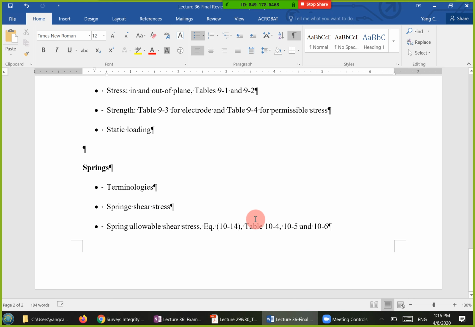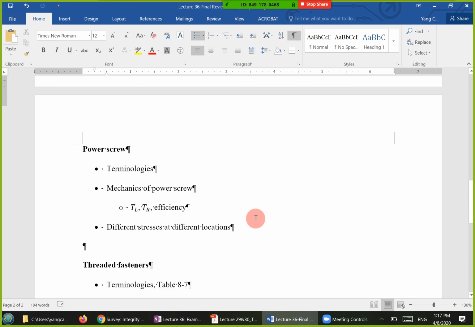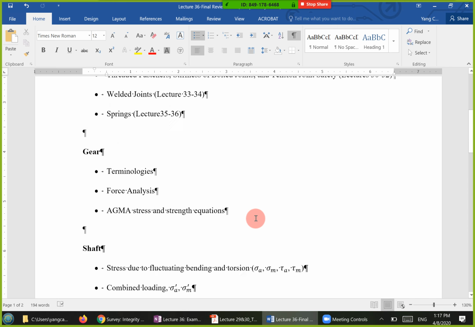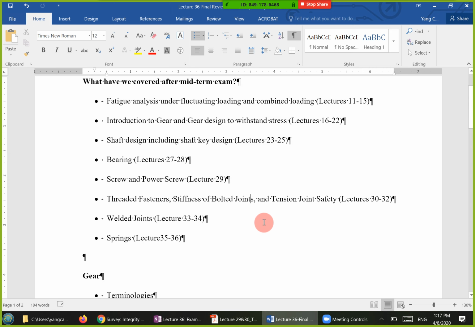Before the midterm, you have the static analysis, the free body diagram for typical shaft loading. We're not going to have questions testing the failure theories on their own, but as you can see, in each part of the component you do use the static and fatigue loading analysis theories.